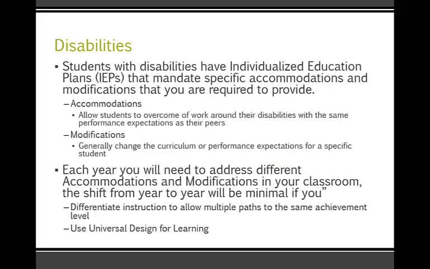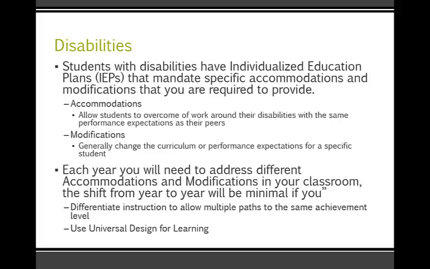There are only two left that we're going to talk about, I believe. One is disabilities. So students with disabilities have IEPs, or individualized education plans. Of course, we will have some students in our classes who have disabilities and haven't been identified, and hopefully we all take a course on kind of the process of helping to identify a student that hasn't been identified.